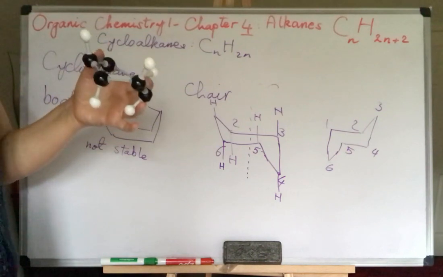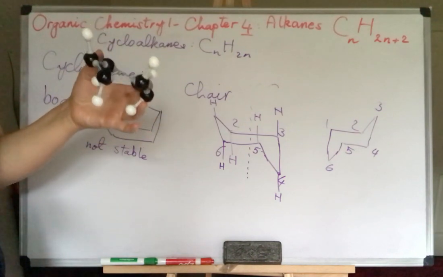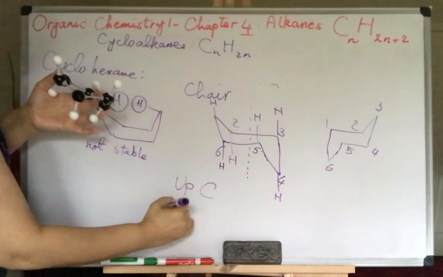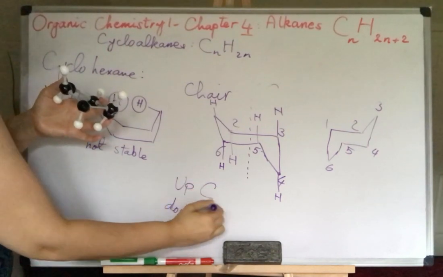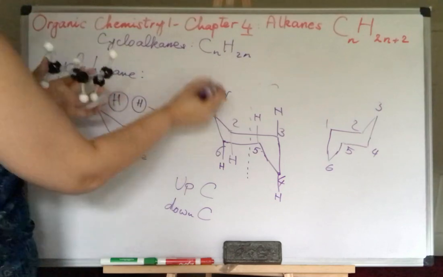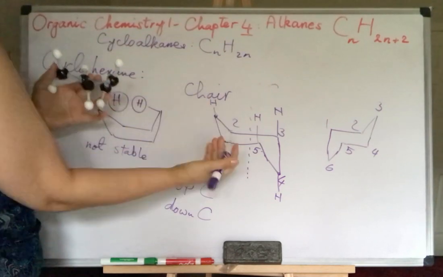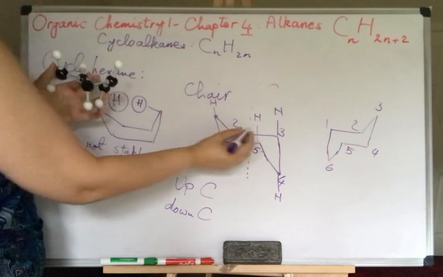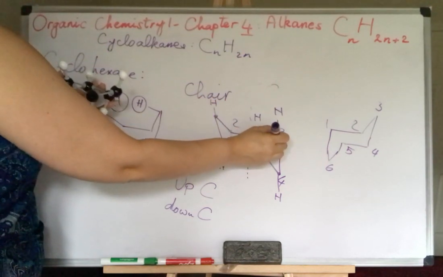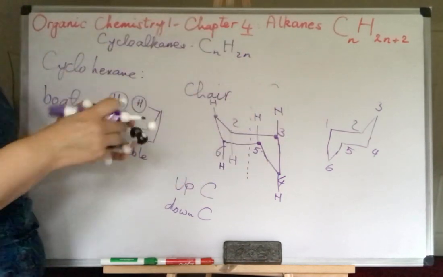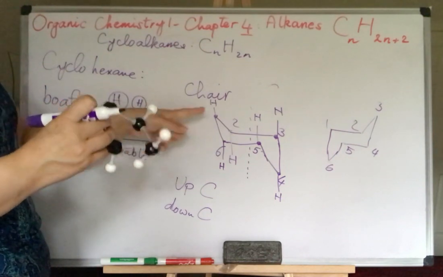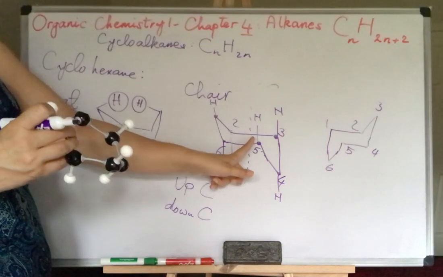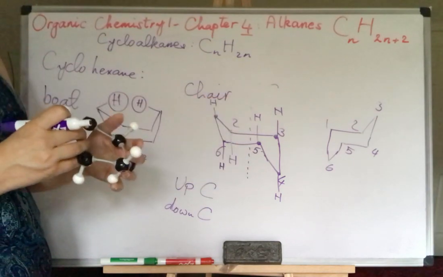What is important for our cyclohexane carbons? We call them up carbons and down carbons. So the carbons which are to the top of the molecule, they are positioned up, they're called up carbons. Here 1, 3, and 5. So what you see on the up carbons, the axial hydrogens are also on the top of the molecule.